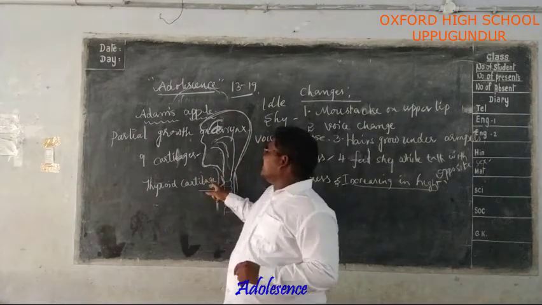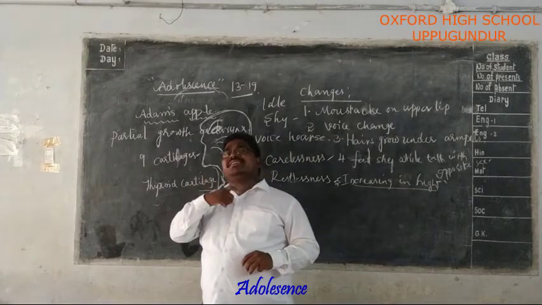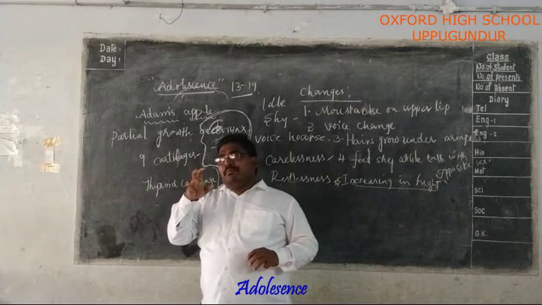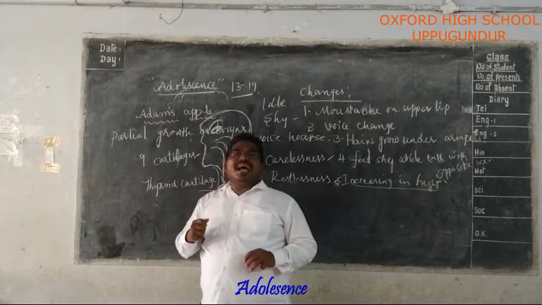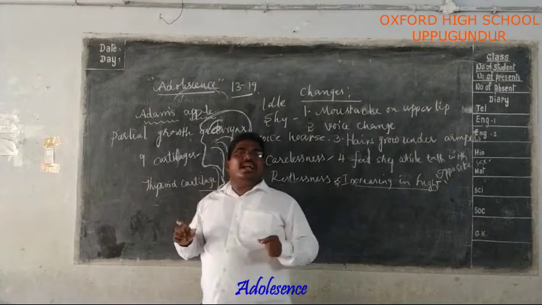When the thyroid cartilage elongates, the muscles attached to this cartilage become thickened and loosened.